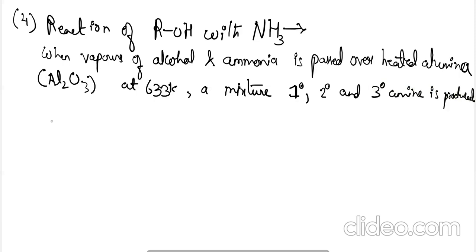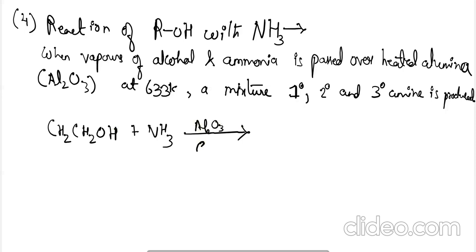Okay, so here we can take the example of ethanol reacting with ammonia in the presence of alumina at 633 Kelvin. So here CH3CH2NH2 will be formed.